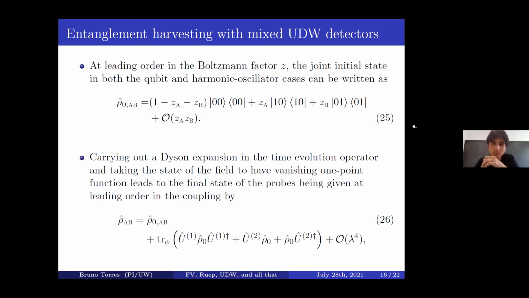And now you can carry out a Dyson expansion of the time evolution operator that we wrote earlier. And assuming that the field is in a state with vanishing one-point function, the first non-trivial contribution will come from second order in the couplings. Right?